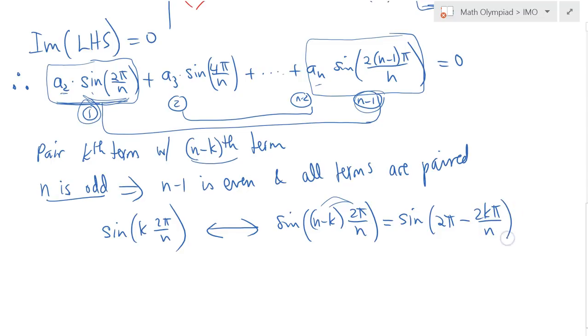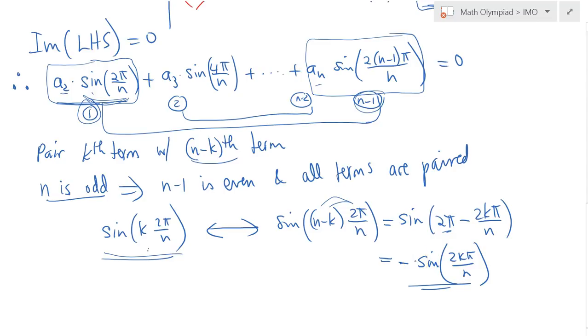Does that make sense? But then this is just minus sine, so this is sine of minus 2k pi over n, which is just minus sine 2k pi over n. Look at this. These are the same things, except that it comes with a minus sign.